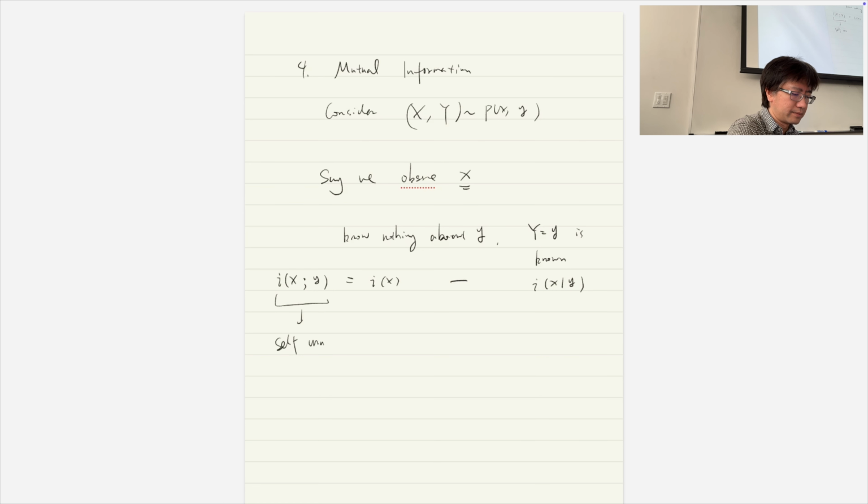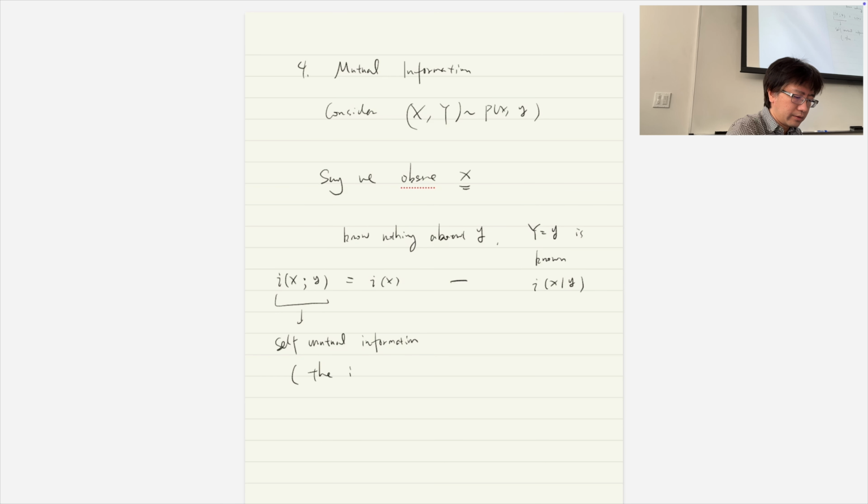So this is called what? Self-mutual information. It's not mutual information yet. You may guess what mutual information is: it has to be some averaged thing. Let's write down the meaning of it. This idea is very important.